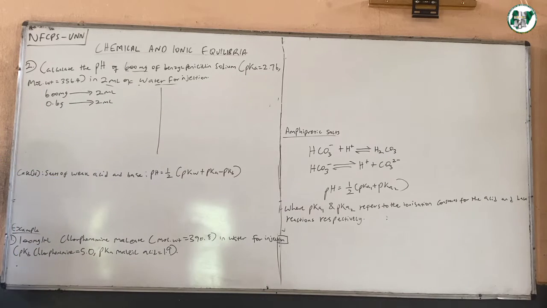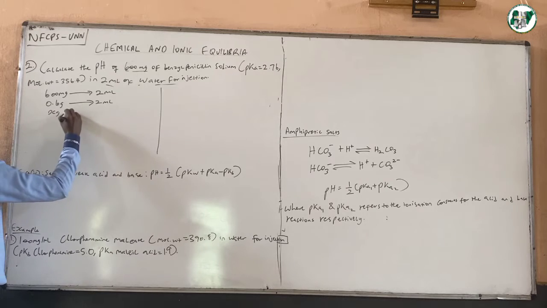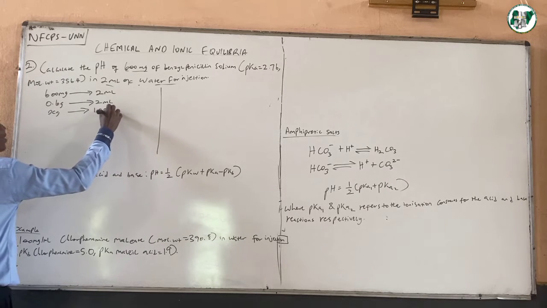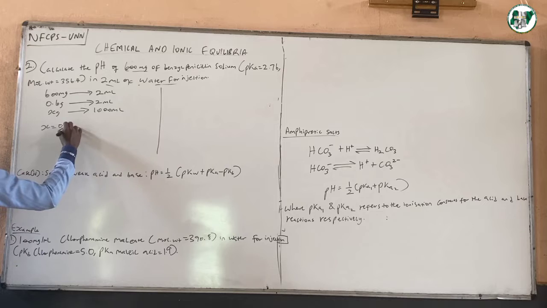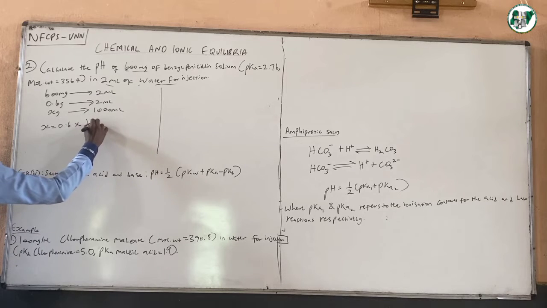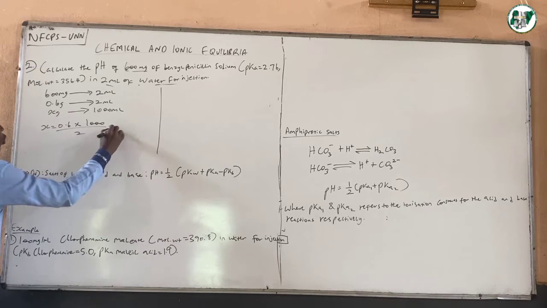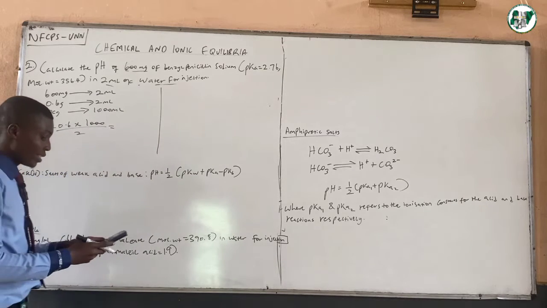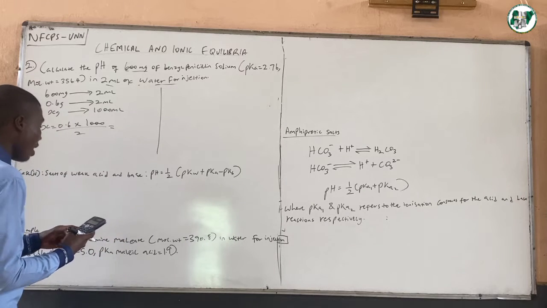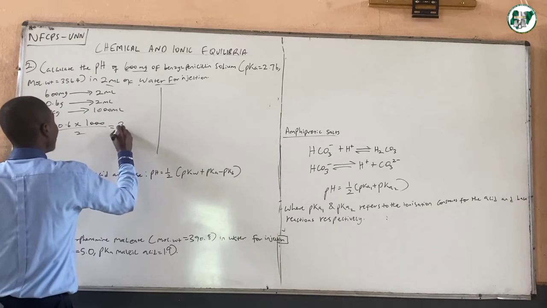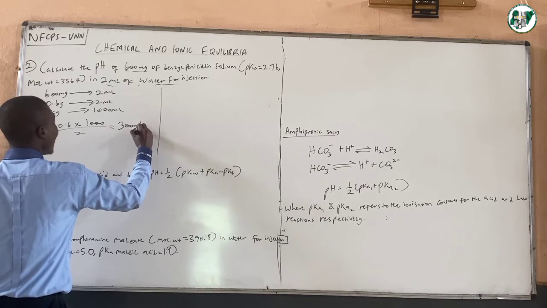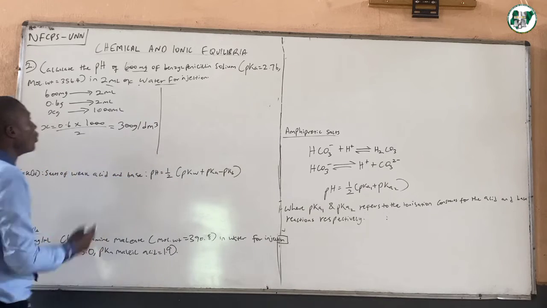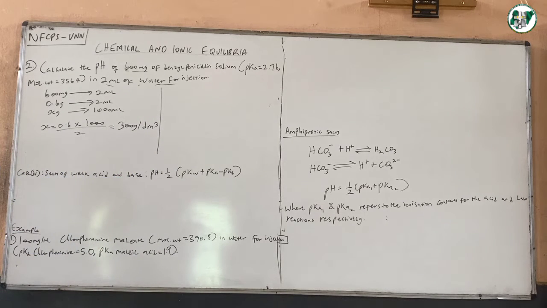If 0.6 gram is present in 2 ml, S gram will be present in 1000 ml. That will be S equal to 0.6 times 1000 divided by 2, and that's going to be 300 gram per dm cube.